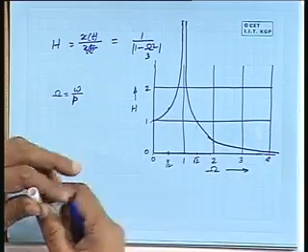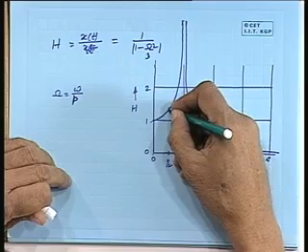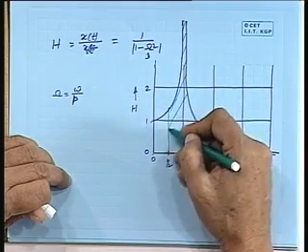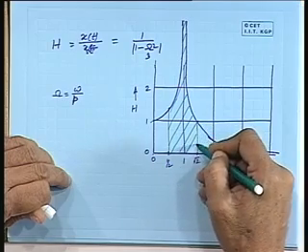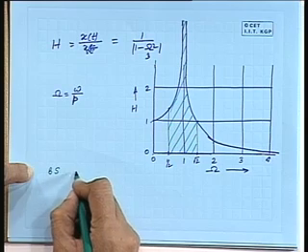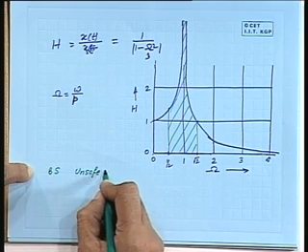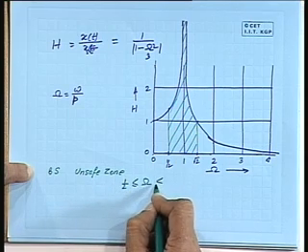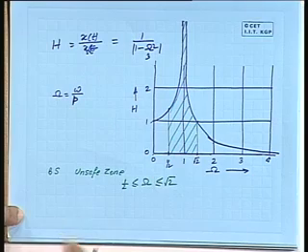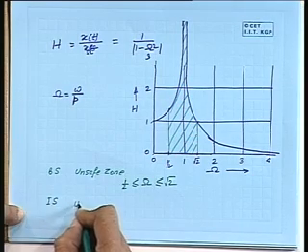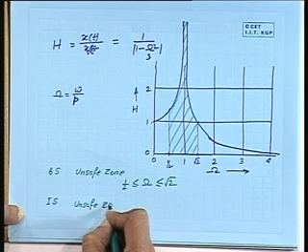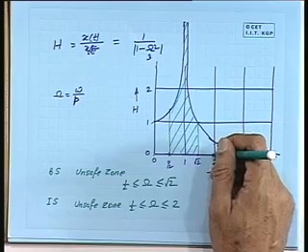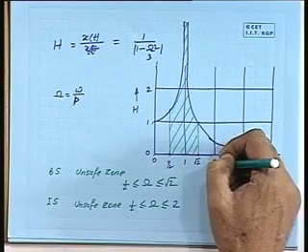Now, this zone from half to root 2, according to the British standard, the unsafe zone is defined as half less than or equal to omega less than or equal to root 2, and according to the IS standard, the Indian standard, the unsafe zone was between half and up to this.